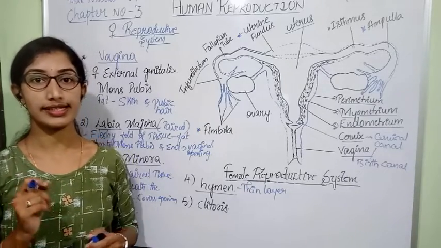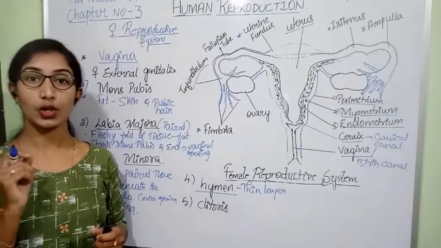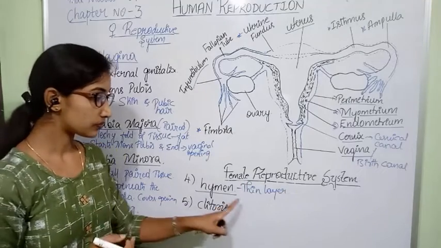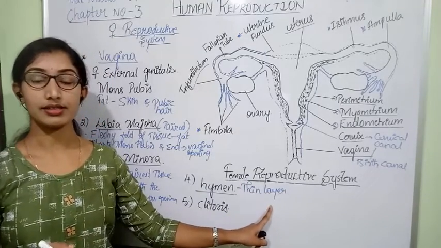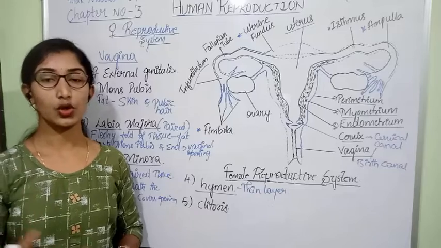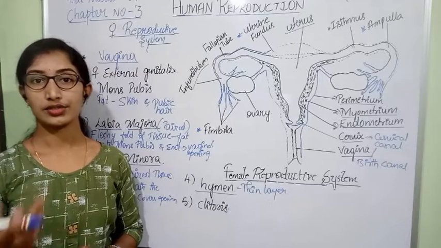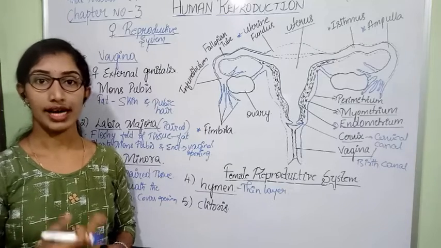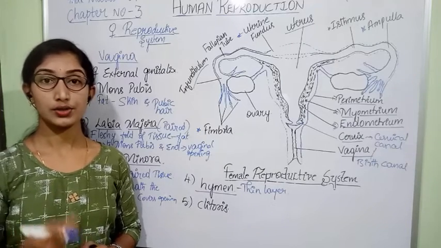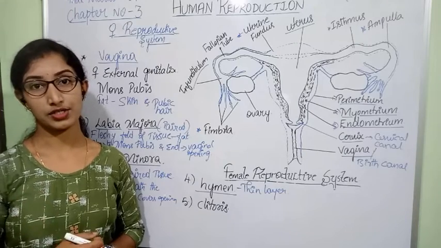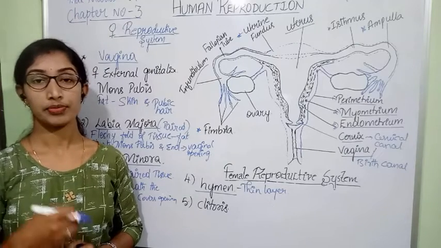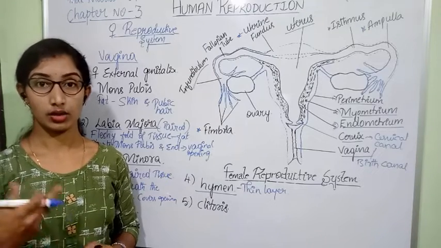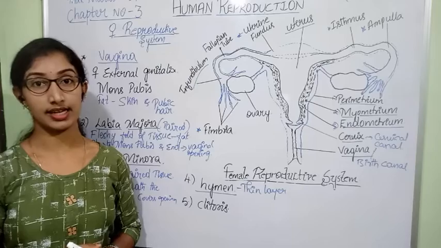This hymen is torn or broken during the first coitus, or very often the hymen may also be torn due to active participation in sports, a sudden fall, horse riding, active participation in cycling, etc.